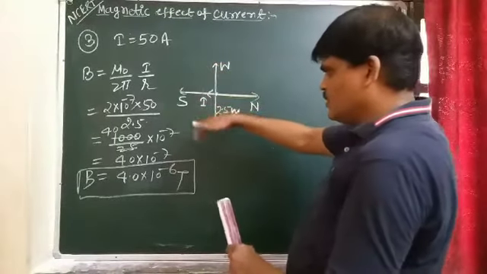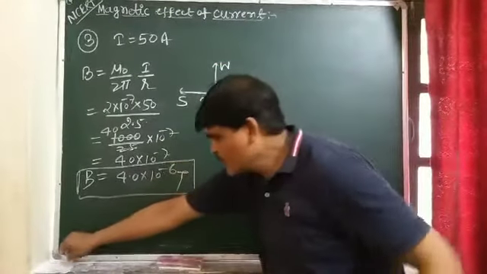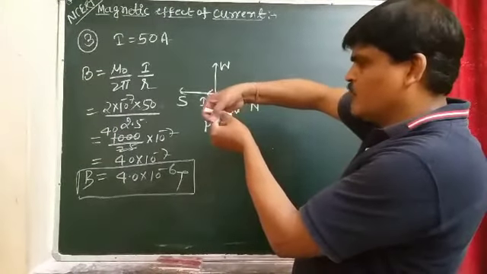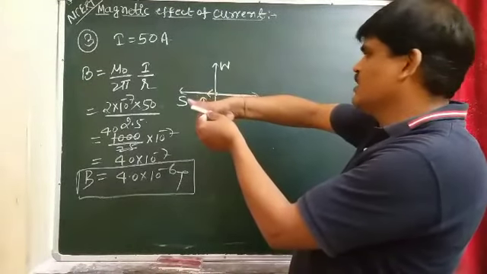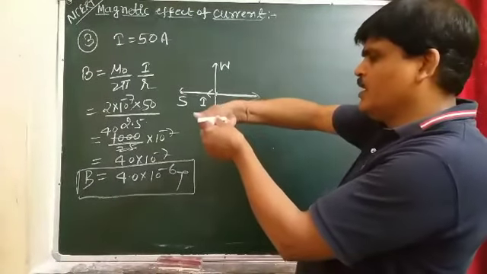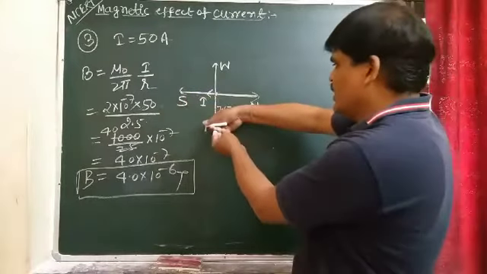This is the circle. This is the current carrying conductor. So what is the magnetic field pattern line? And here north, here south, and we have to find the magnetic field at east.